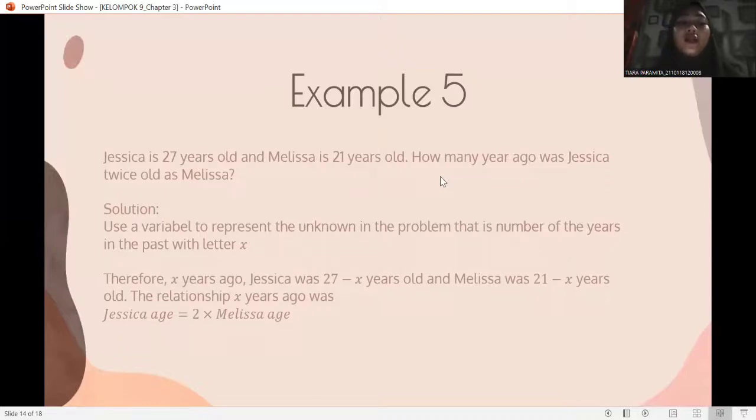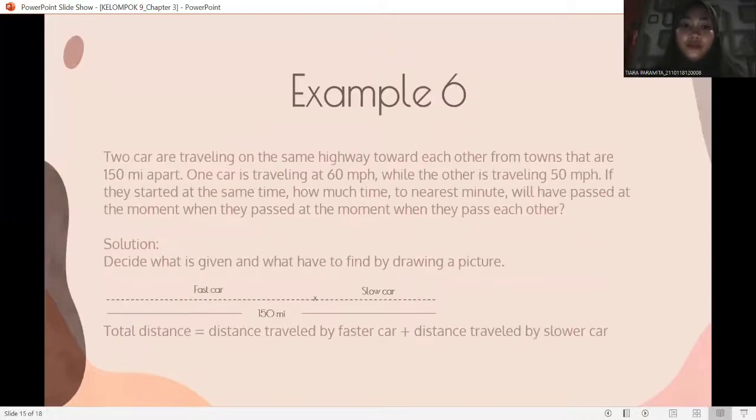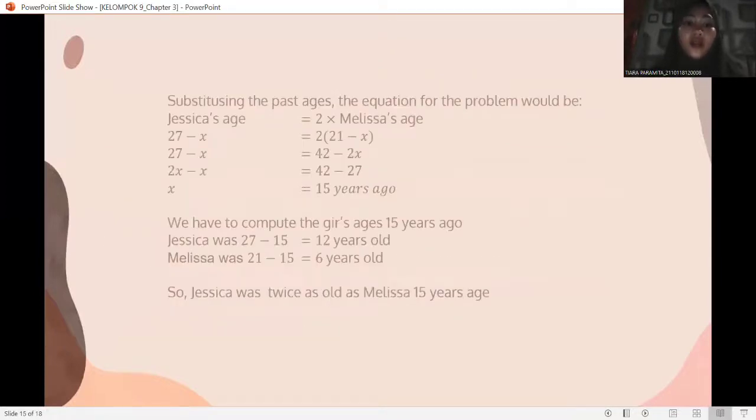The relationship x years ago was Jessica's age equals 2 times Melissa's age. So substituting the past ages, the equation for the problem would be Jessica's age equals 2 times Melissa's age.